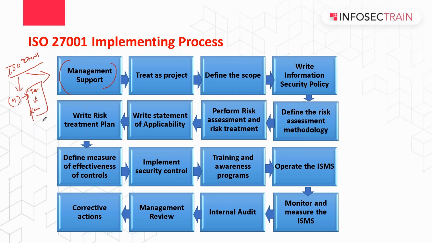Give us a project, give us a plan for how we can aim at this, how we can establish ISO 27001, and what budget will be required. Once we have support from management, only then can we begin with an implementation.